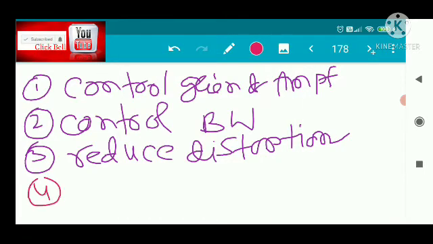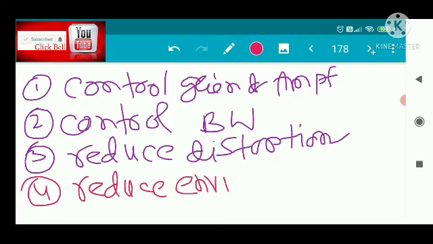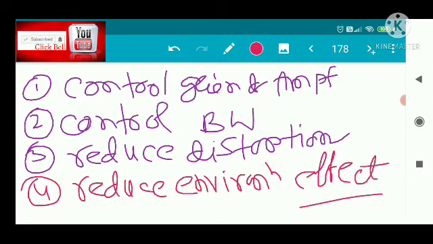And fourth one is reduce environmental effect. So these are some of the advantages that anyone can get using negative feedback.